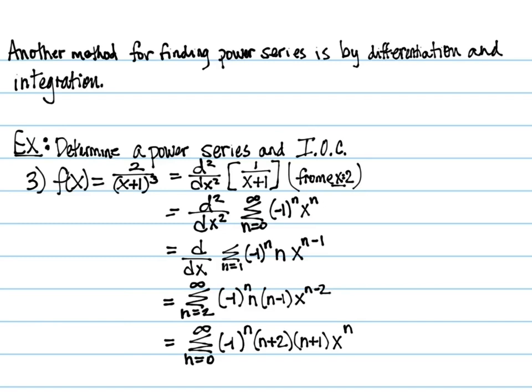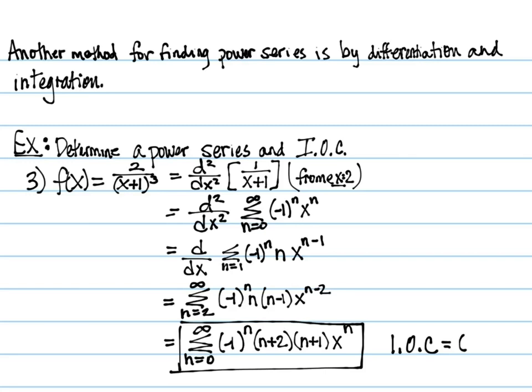What about our interval of convergence? We found our series. What's our interval of convergence? Still negative 1 to 1, right? You use the geometric series that was involved here, right? Same thing.